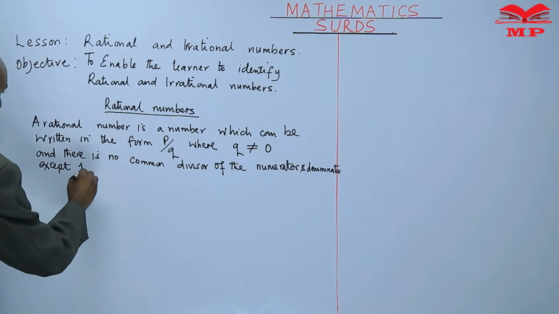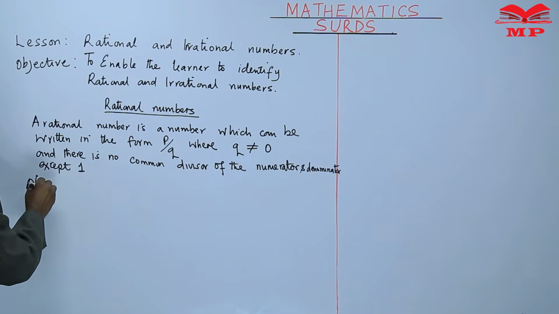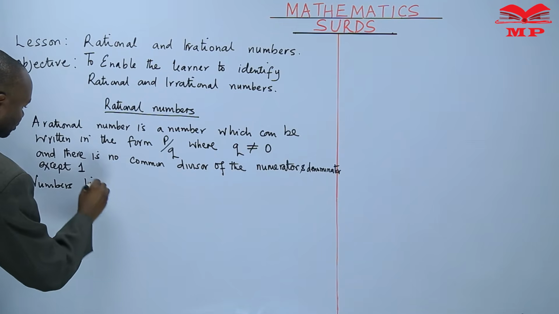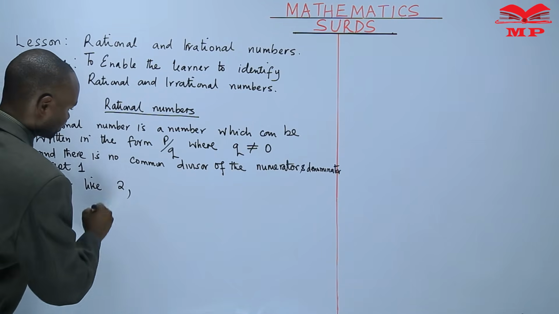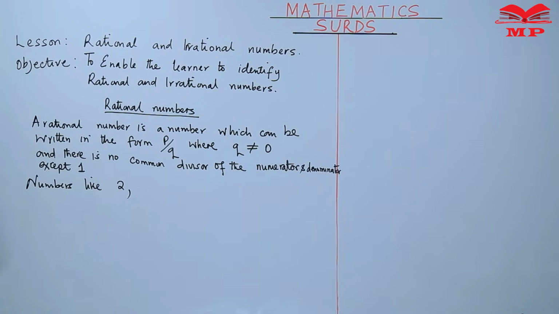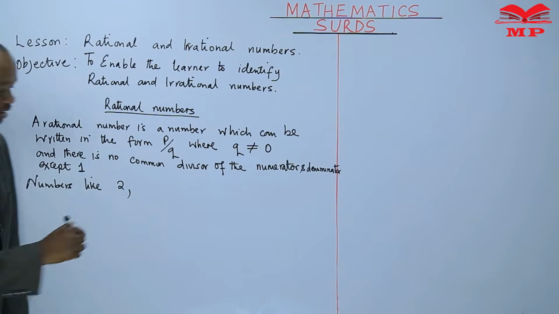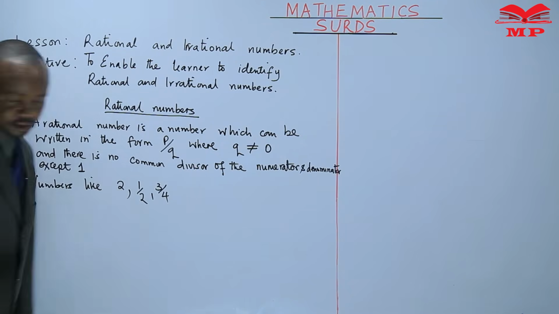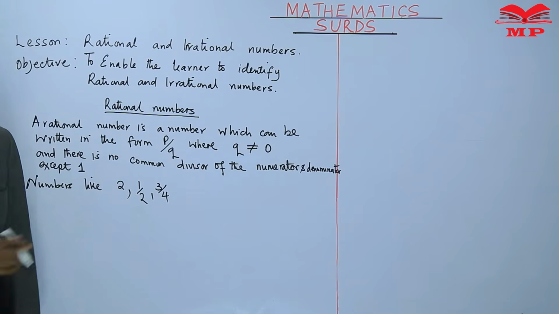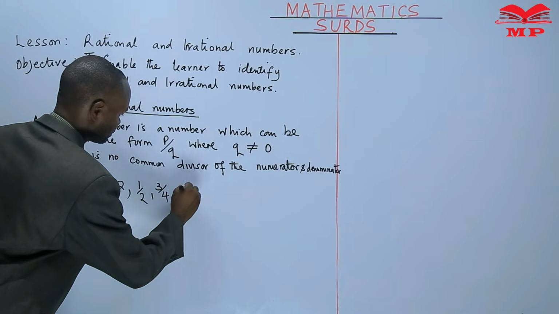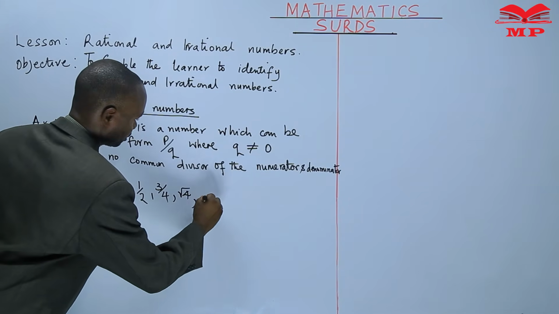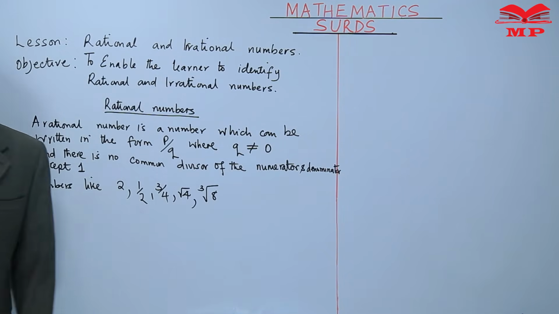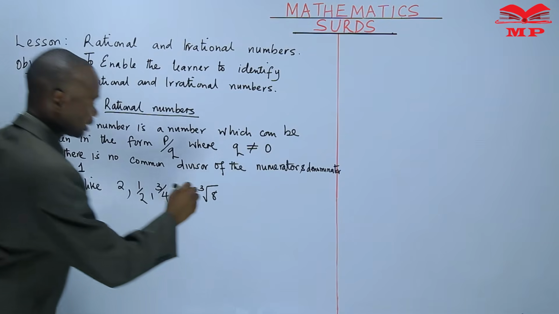Numbers like 2, a half, 3/4, square root of 4, and cube root of 8 are examples of rational numbers.